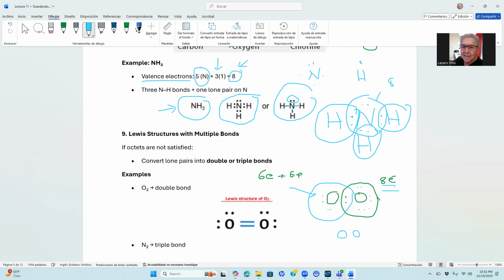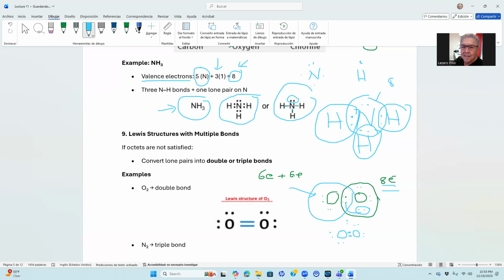Well, if I put these two electrons here in between and I make a double bond, then this atom will have these electrons and this will have these electrons, and then here I will have 2 and 2, 4 and 2, 6 and 2, 8 and 2, 10 and 2, 12.